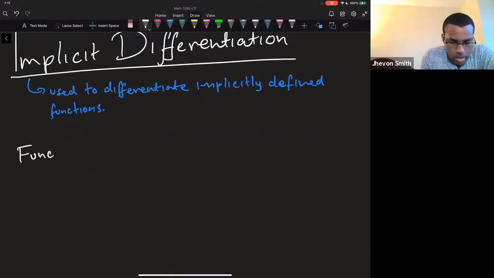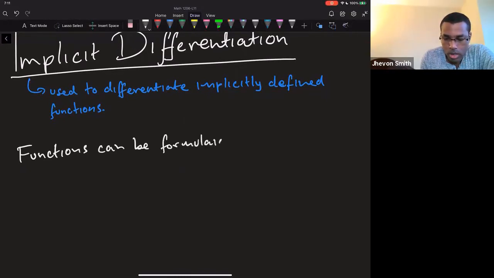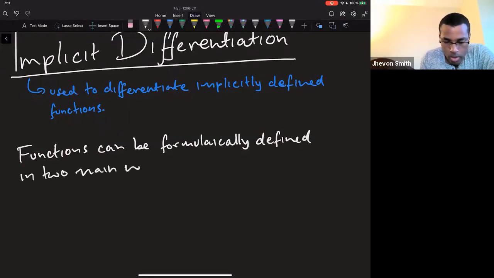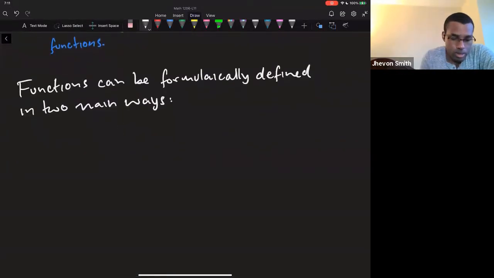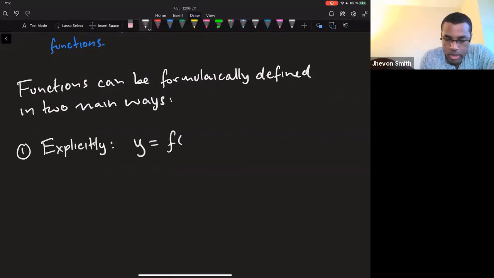Functions can be defined in two main ways. One is explicitly. And this means the function is written in this form, like y equals f of x.